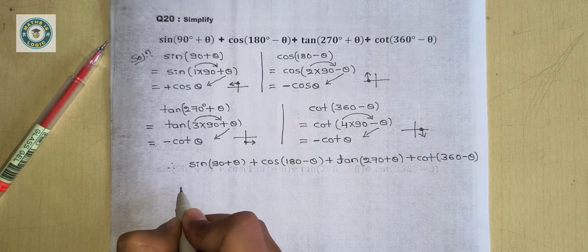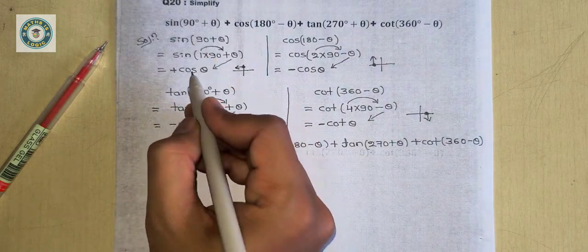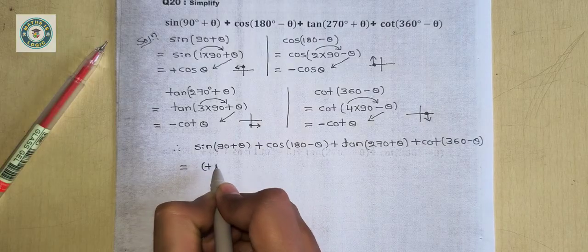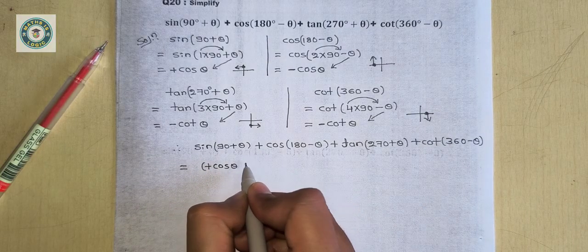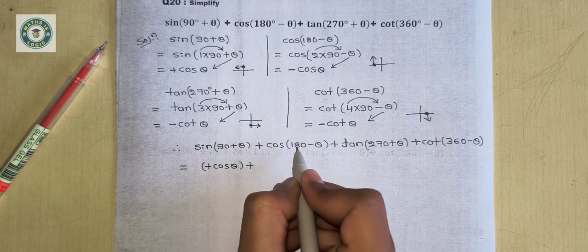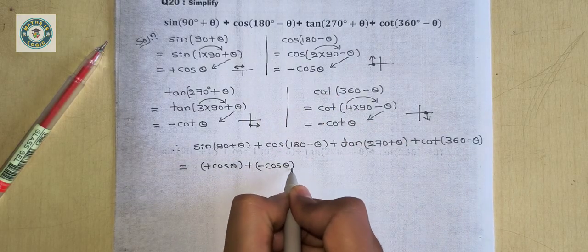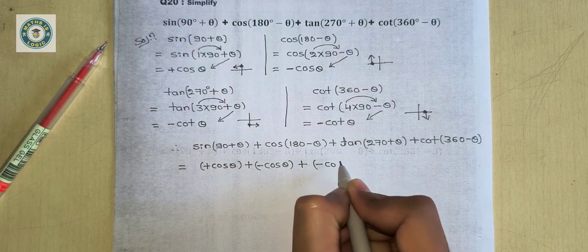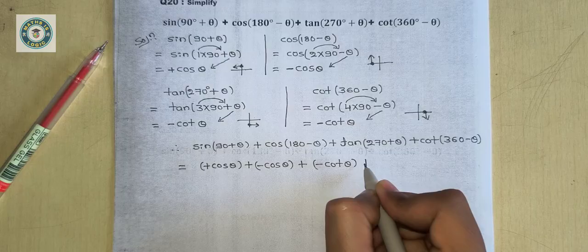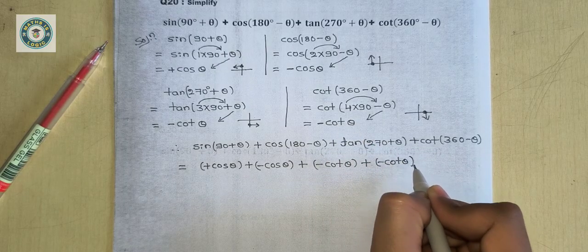So which is equal to first sin 90 plus theta, answer is plus cos theta. Next plus cos 180 minus theta is minus cos theta, plus third answer is minus cot theta. Next plus final answer is again minus cot theta.